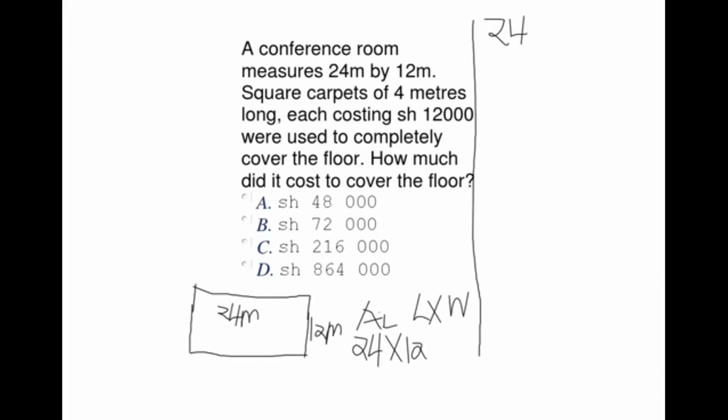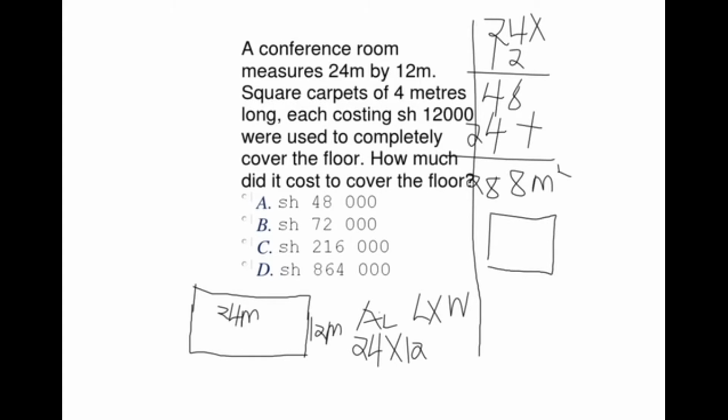So 24 multiplied by 12: 4 times 2 is 8, 2 times 2 is 4, 1 times 4 is 4, 1 times 2 is 2. This is 8. When we add 4 plus 4 is 8. This is 2. So we have 288 meters squared. Then we have a square carpet of 4 meters long on both sides.